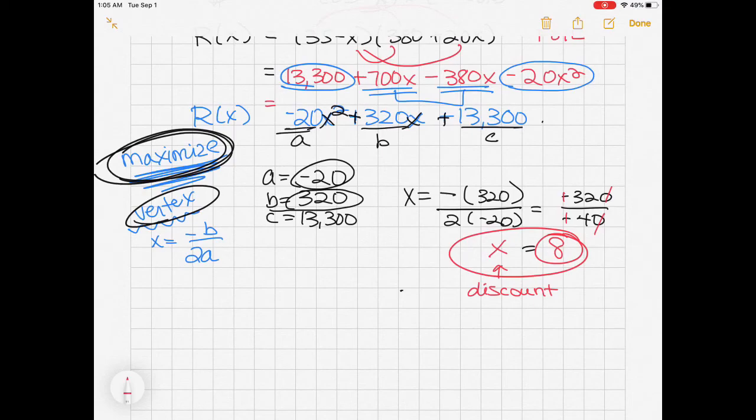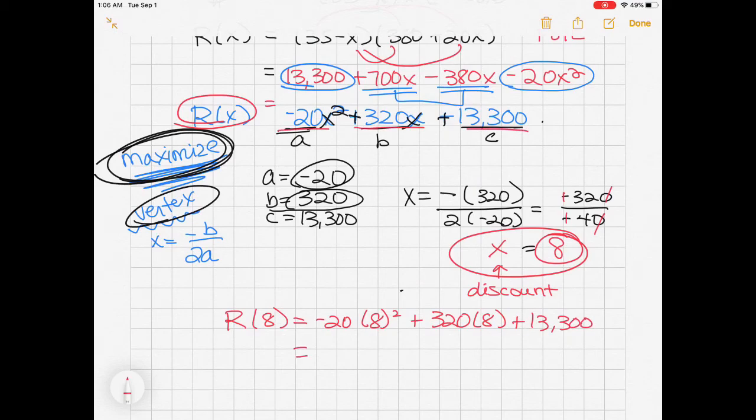Well, let's find that total revenue. If we know R of X, meaning that the discount is now 8, equals negative 20 times 8 squared plus 320 times 8 plus 13,300, which we got from right here. Now we're going to find the value of y.